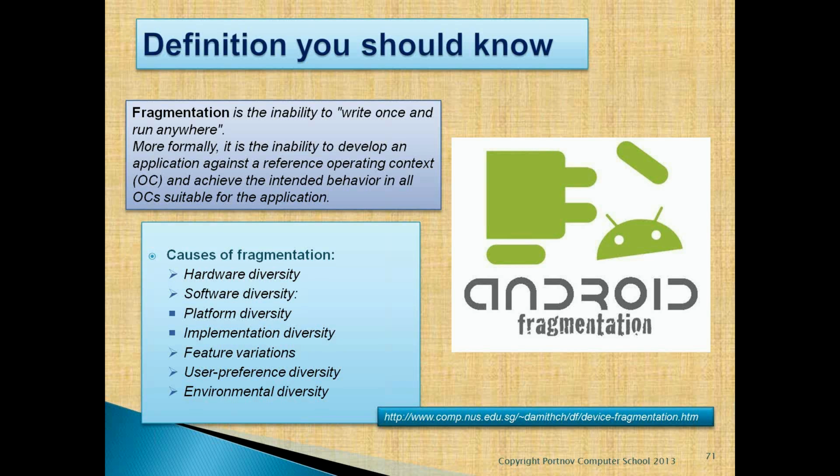One or two more definitions you should know. I already mentioned fragmentation. Fragmentation was primarily associated with Android because of the huge variety of carriers and makers, and it was the inability for a developer to write once and run anywhere on any device.